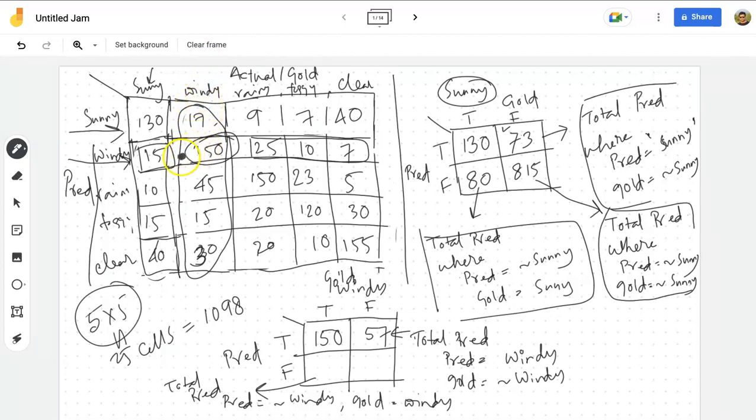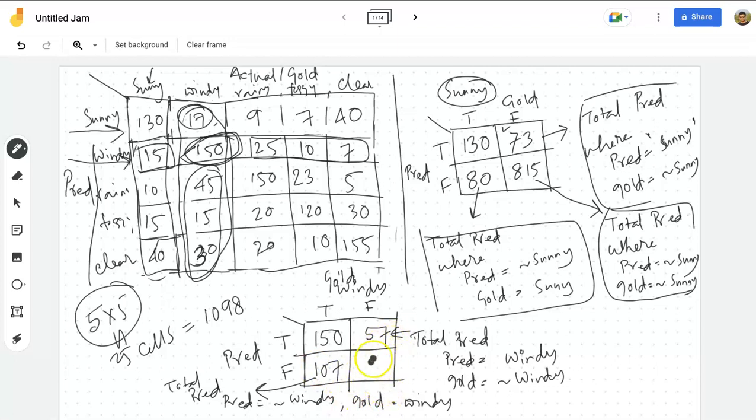The only thing is you need to remove this cell, because in this cell the gold level is windy and the prediction is also windy, but this cell asks you to find the count where the gold is windy but the prediction is not windy. So you sum the whole column but deduct 150. You sum these 4 cells, the 17 and this last 3: 50, 60, 90, 100, 107. It will be 107.